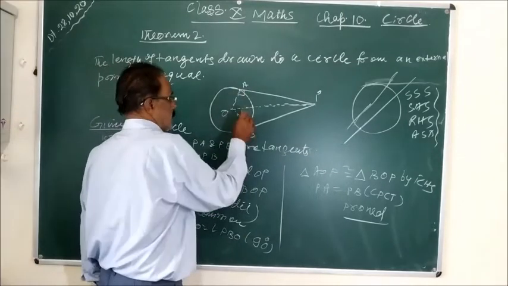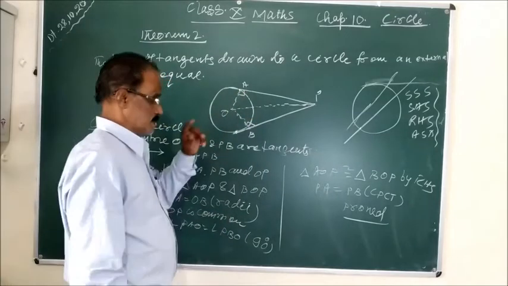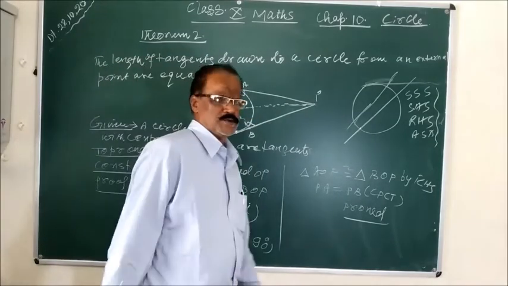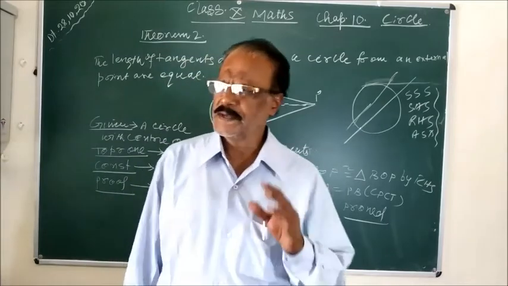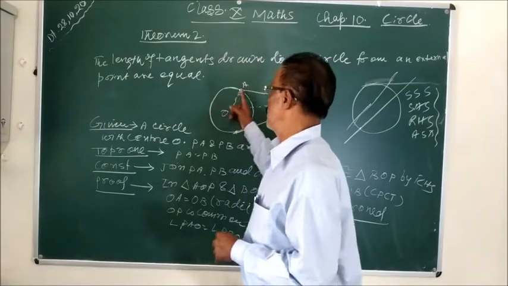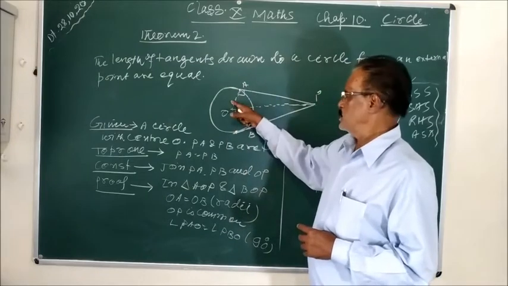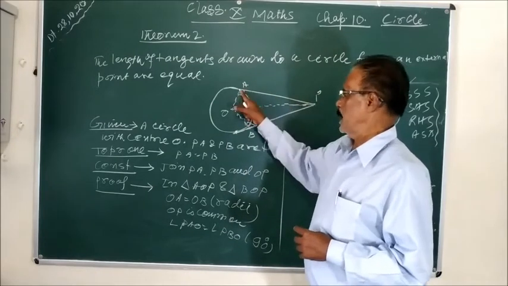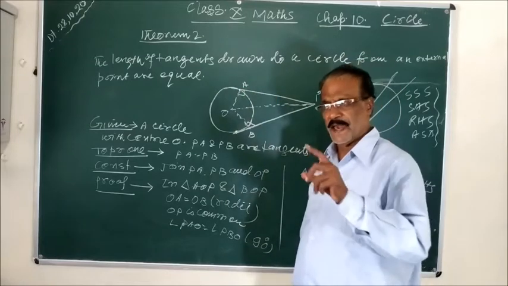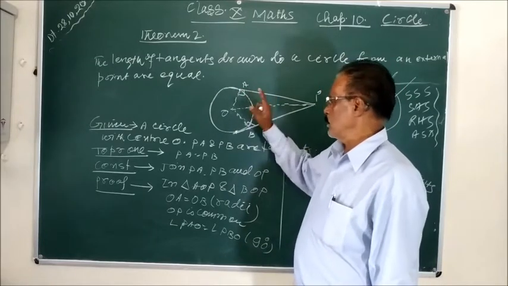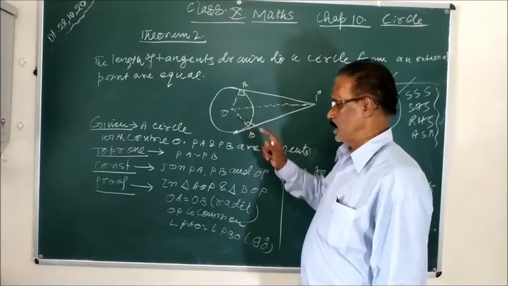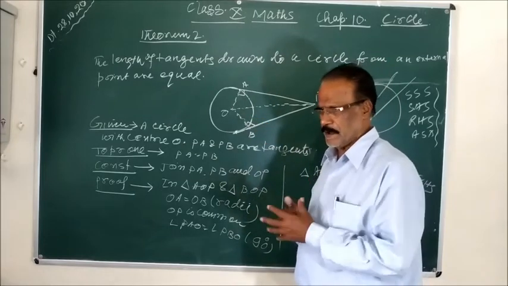And these 2 angles are equal because they are 90 degrees. If the question arises in your mind, sir, how can we say these 2 are 90 degrees? Theorem number 1: the radius is perpendicular to the tangent at the point of contact. So by theorem number 1, these angles are 90 degrees and therefore they are equal.